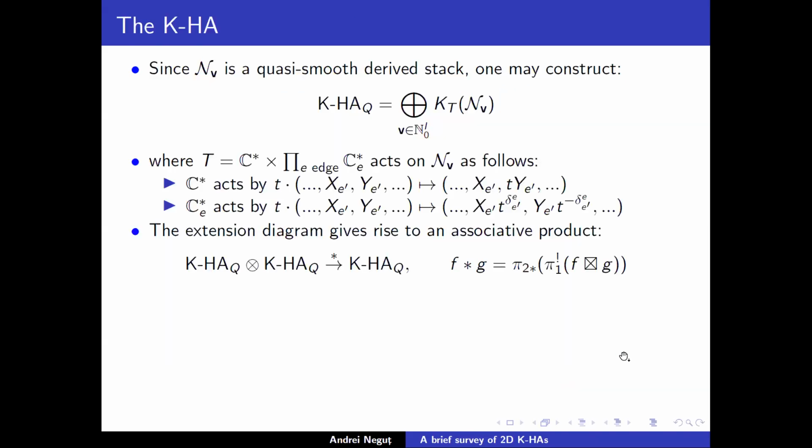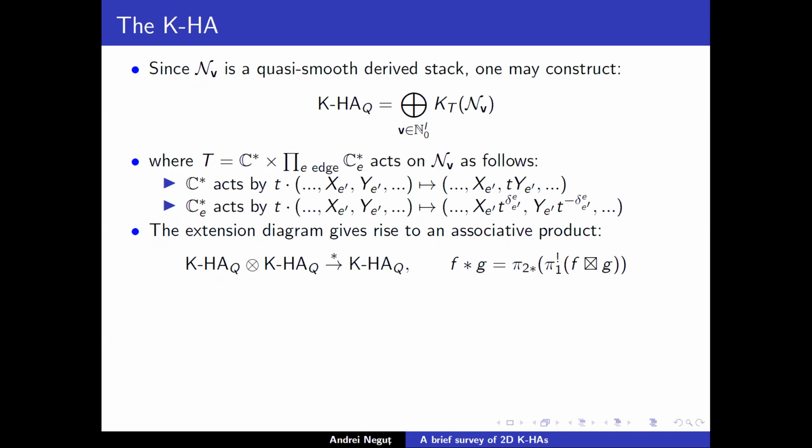The reason why the pullback map is shriek instead of star is that in this two-dimensional case, the map pi1 is no longer smooth, but you can make it smooth in a derived sense. So in other words, you can define what is known as a refined pullback map, and that's what this pi1 pullback is. So in the most basic case of the definition of this map, you should think of pi1 pullback as a refined pullback map in K-theory. And we will see one more example of this later on.